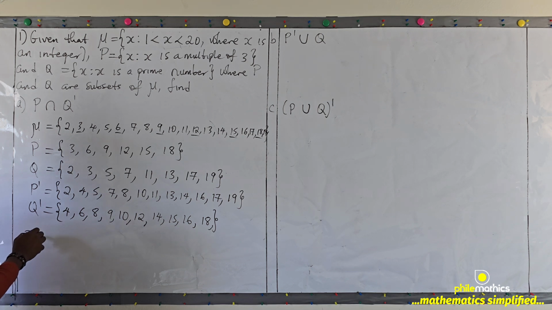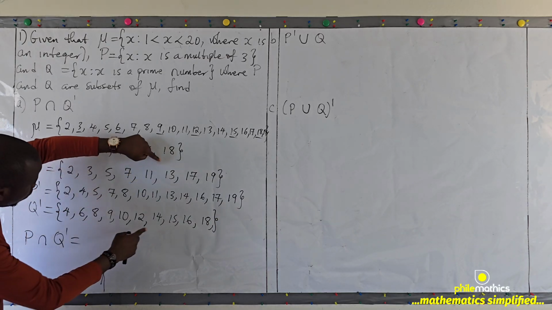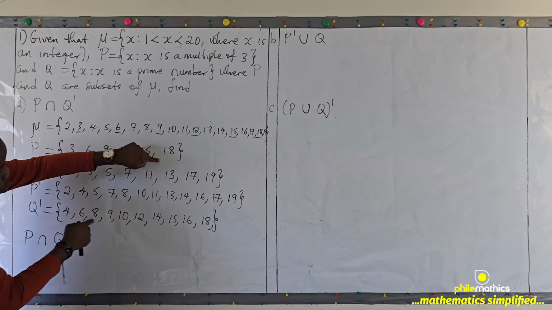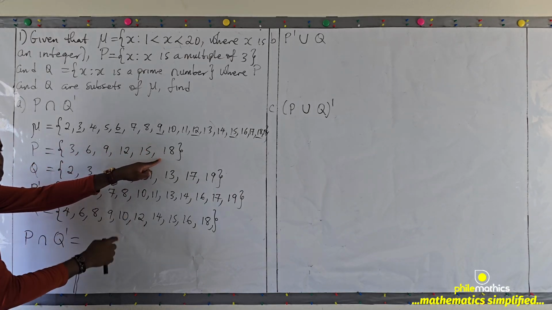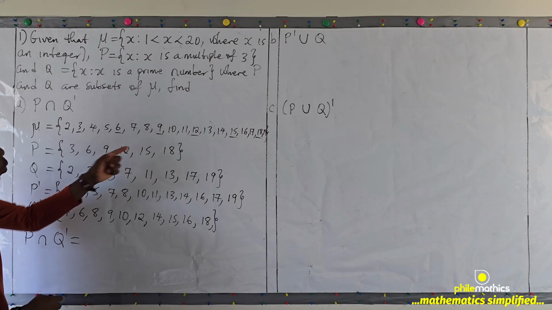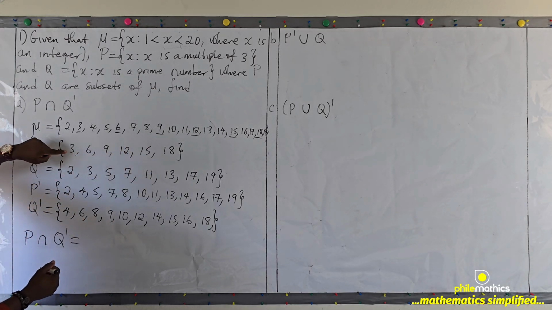So p intersection q prime will simply be, when you look at p and you look at q prime, what are the common elements you can find in both of them? What can you see here and you can see here also? So let's start.